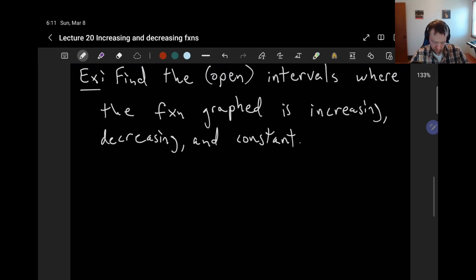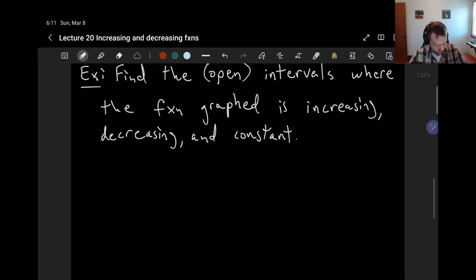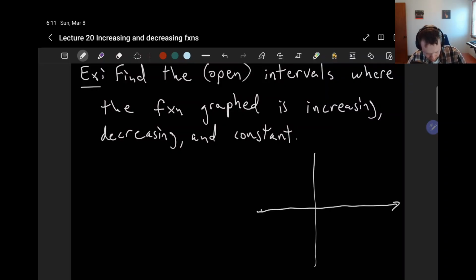So let me provide a graph. Okay, I don't like that line. It's a little better. Let's say this is 1 and this is 3. Let's draw a -1 as well.